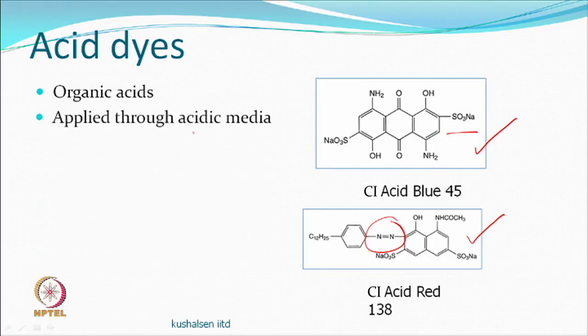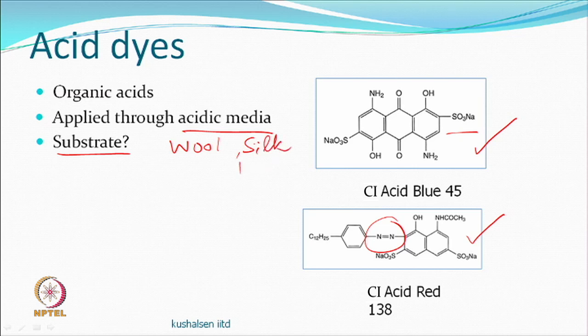One important thing is they are applied through acidic medium. When you have acidic medium, the dyes would not have so much of a problem, but the fibers which are the substrate, wool, silk and nylon, which can be any kind of nylon, will all assume a positive charge.